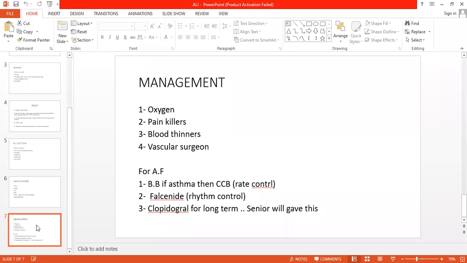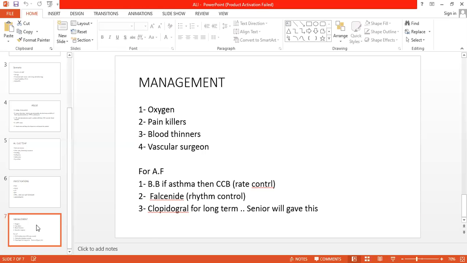Ultrasound you can do for both limbs or both legs. It's also done for DVT. In this ALI, you can do that as well. Okay, so those were the investigations, and now management.